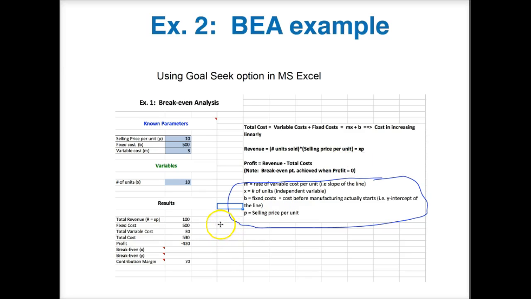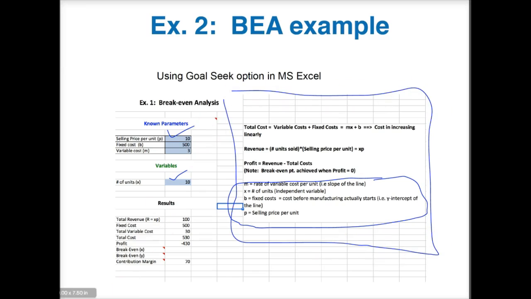Okay. And again, in this scenario, we pretty much have a similar setup, but now we know that we have all of our known parameters here, and we're going to have the number of units there. Okay. And of course, same setup, but the main point of this again is to look here.